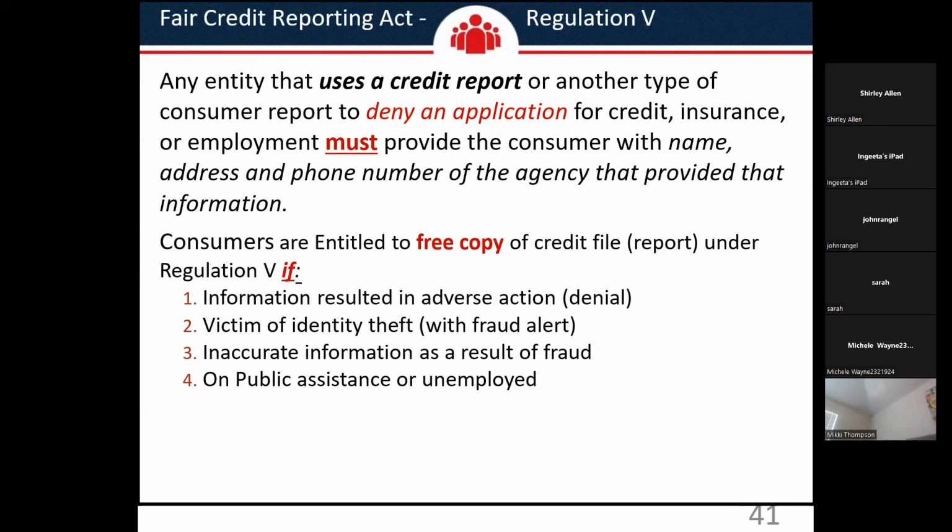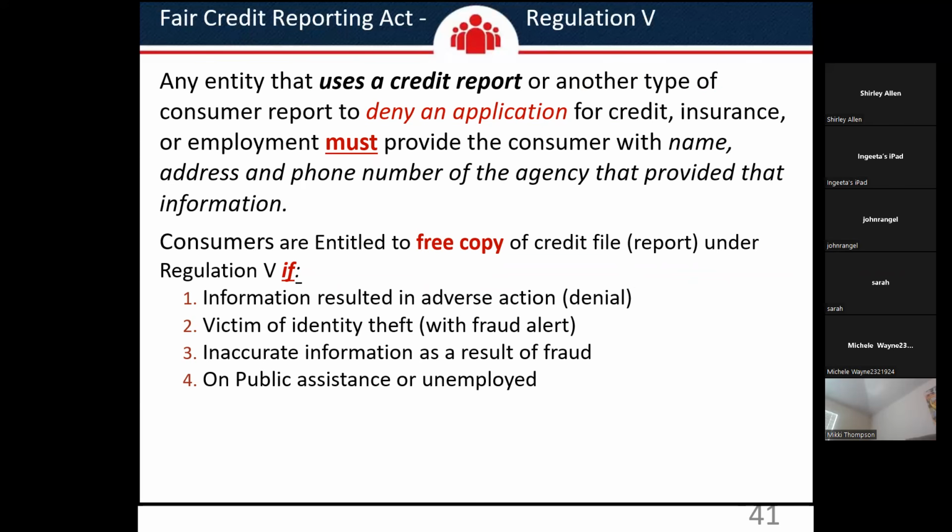If, number 1, the information resulted in an adverse action or denial. Number 2, if the person was a victim of identity theft with a fraud alert. Number 3, if there was inaccurate information as a result of fraud, or that person was on public assistance or unemployed.